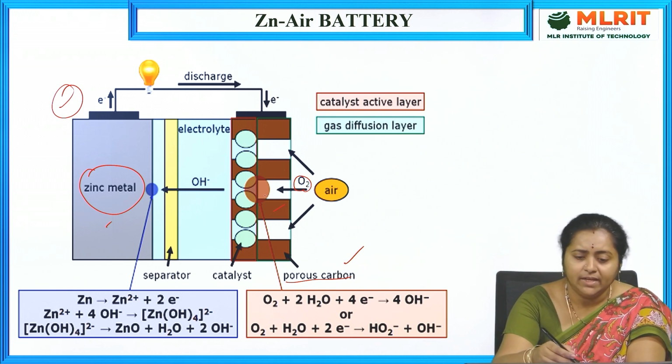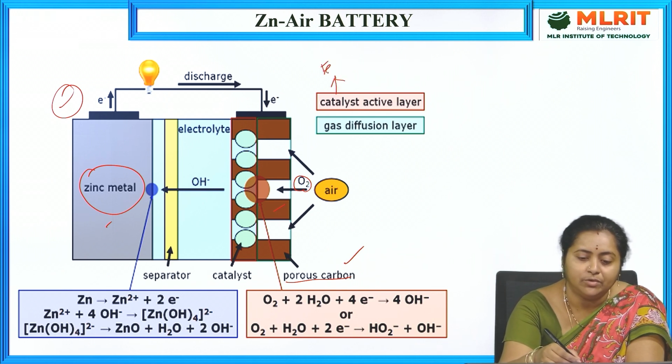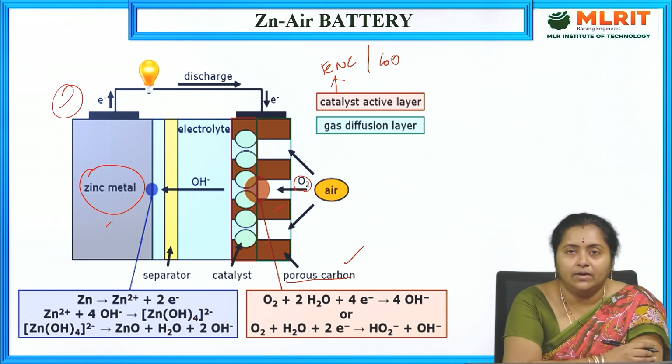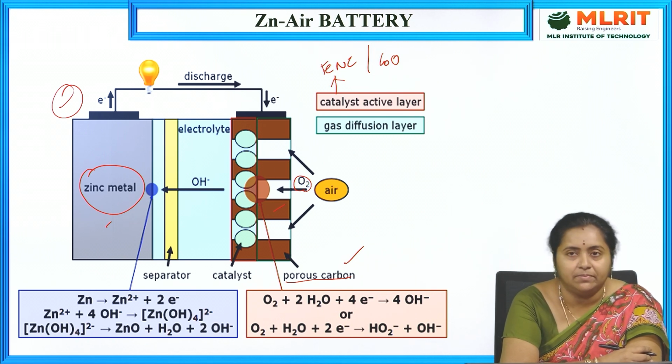Here we are also going to make use of a bifunctional catalyst. It is like a carbon nanotube with a doping of FeNC or cobalt oxide. The cobalt oxide carbon nanotubes will play the role of the catalyst. So this is nothing but a bifunctional catalyst. Here we are using a basic medium, right?